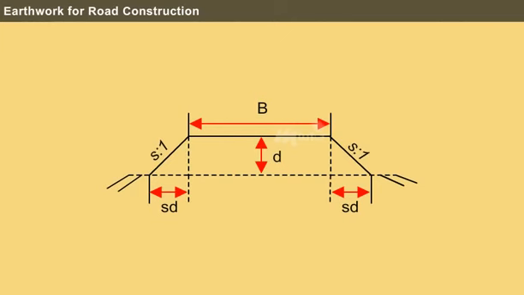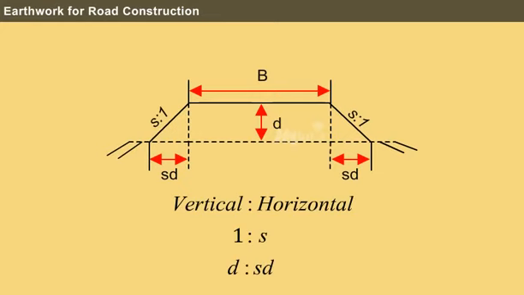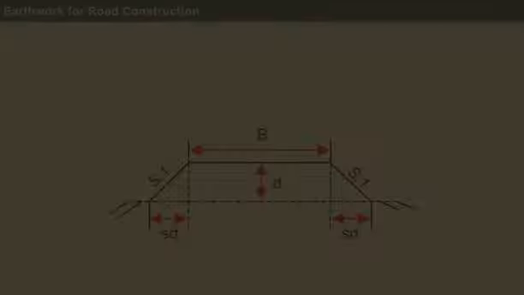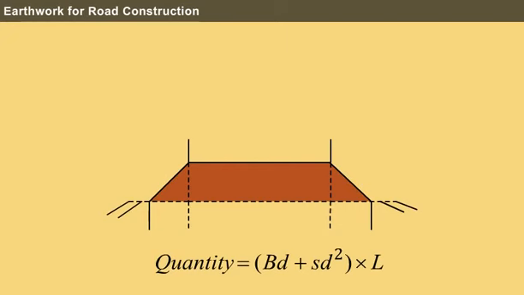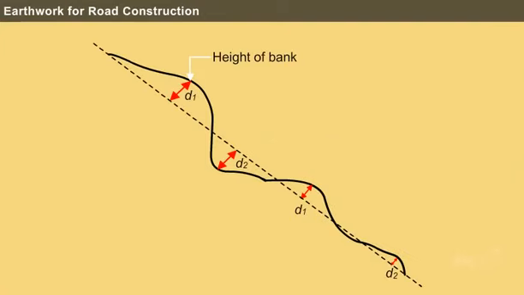Usually, the ratio of the side slopes of the road's horizontal to vertical is represented by S is to 1, where for one vertical, the horizontal will be S, and for D vertical, the horizontal will be SD. Therefore, the quantity will be B into D plus SD square into capital L. In the longitudinal slope of the ground, the height of the bank or the depth of the cutting is unequal at both the ends of the section.